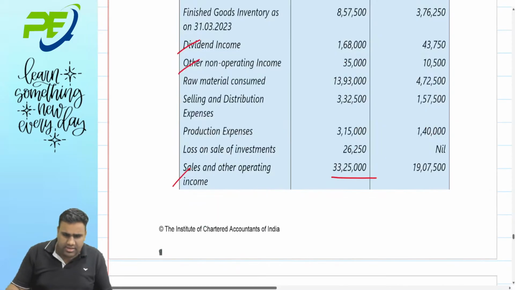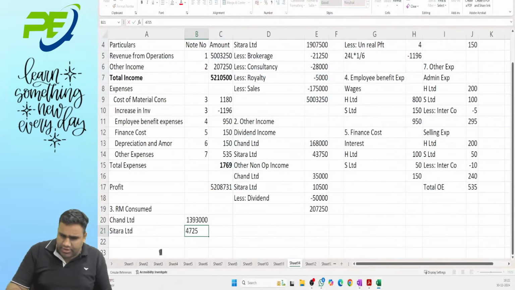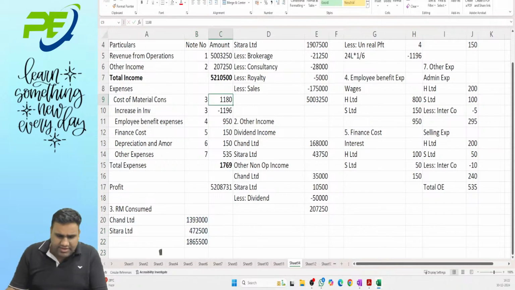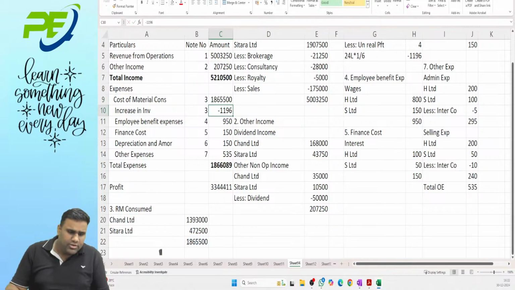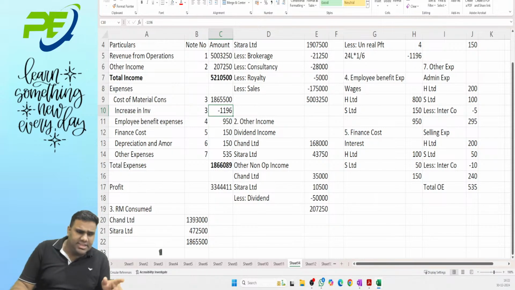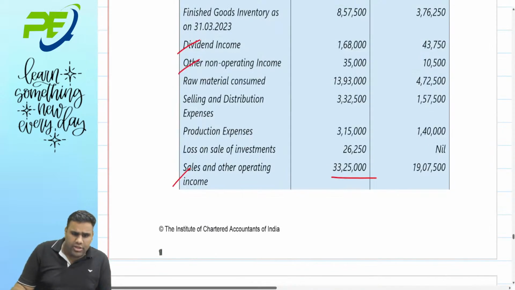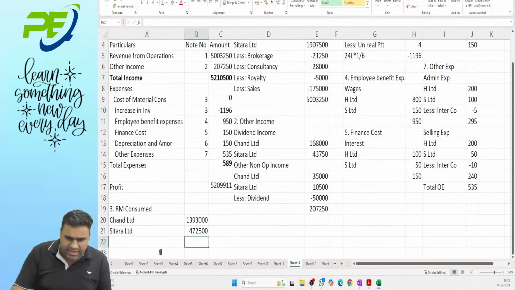So 1393,472,500. 1865,500. Do we have any intercompany owings? We'll adjust here or we'll adjust in inventory, because purchase of stock in trade is not that.